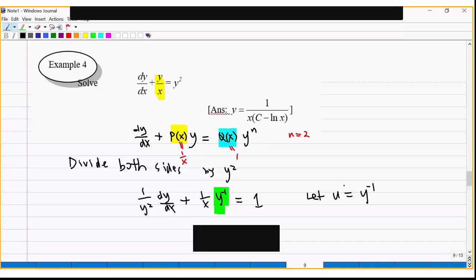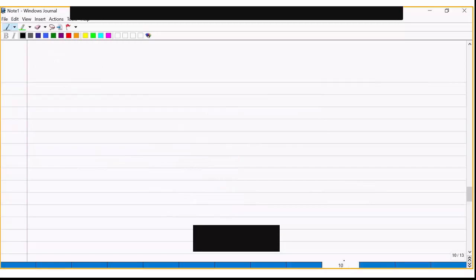So dividing both sides by y squared, then 1 over y squared dy/dx plus 1 over x times y to the power minus 1. Let u equal y to the power minus 1. Just follow the steps, it'll work. And let y equal u to the power minus 1.